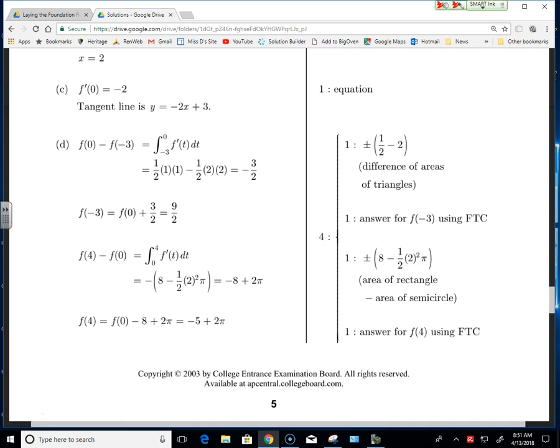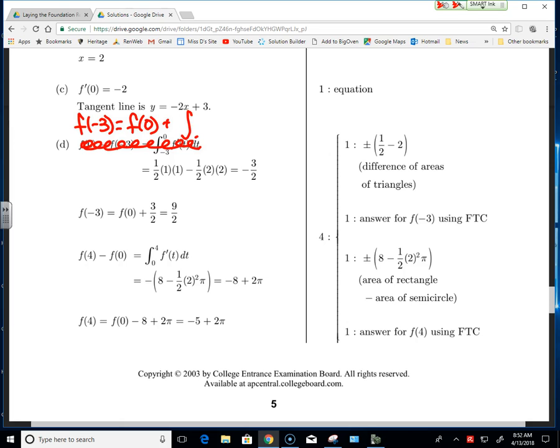I would have done, to get to negative 3, you can start at 0. To get to a final, you can start at an initial, but pause.